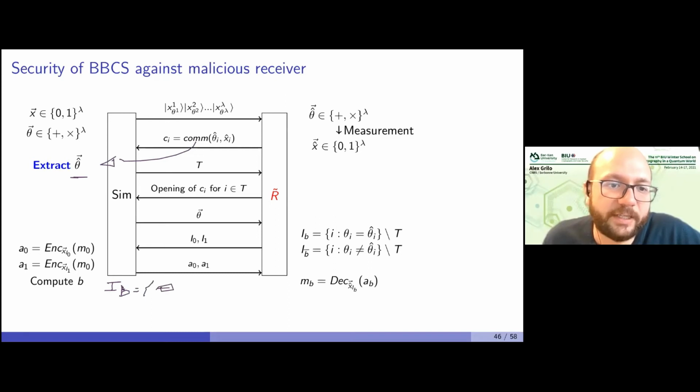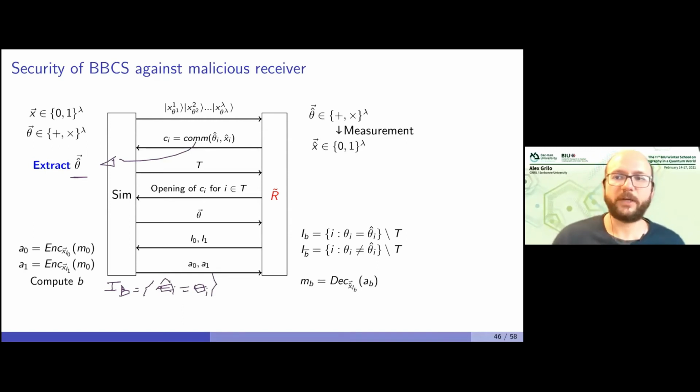She can decide which is I_b, such that theta hat_i is equal to theta_i. Okay, so this part of the security proof is much simpler. It's all about extracting the commitments.